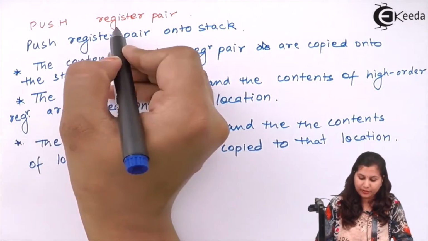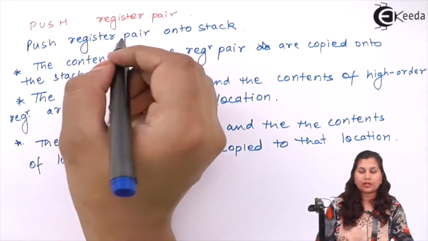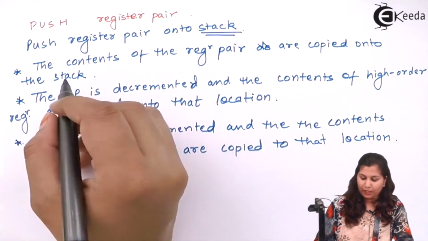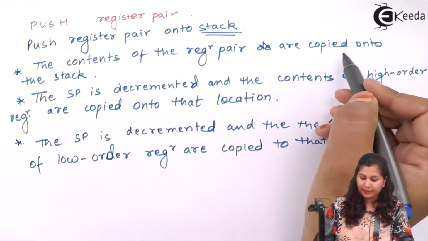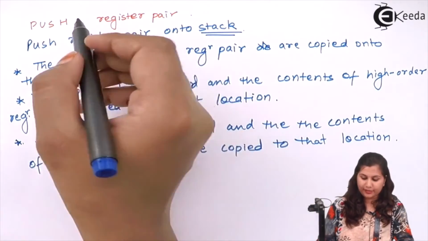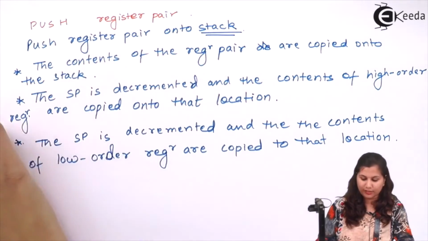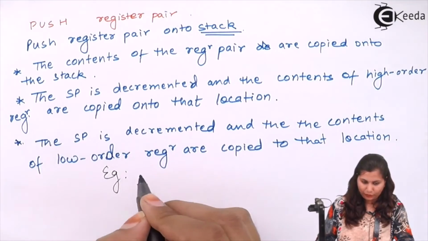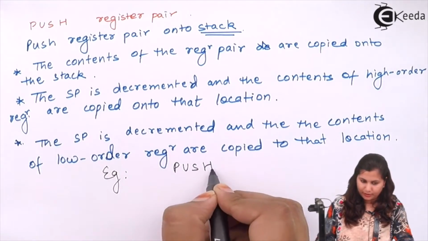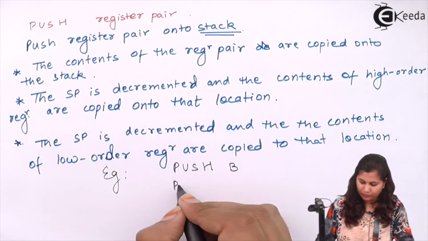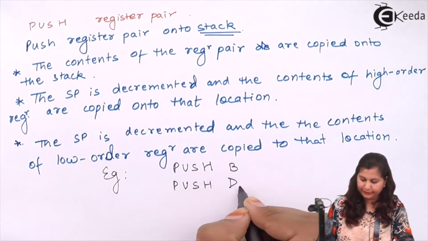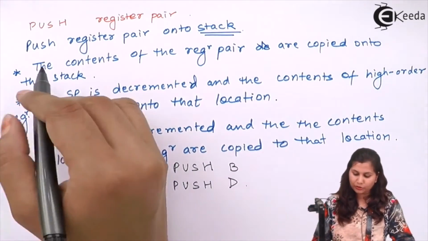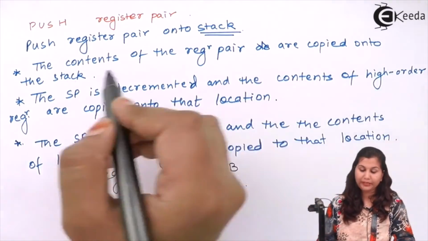It is used when we are dealing with stack operations. The contents of the register pair are copied onto the stack. The register pair is given in the instruction itself. An example is push B or push D. We can have any of the register pairs here.